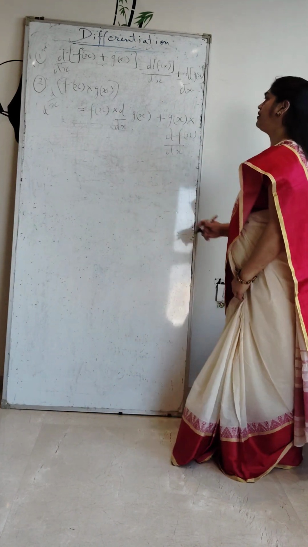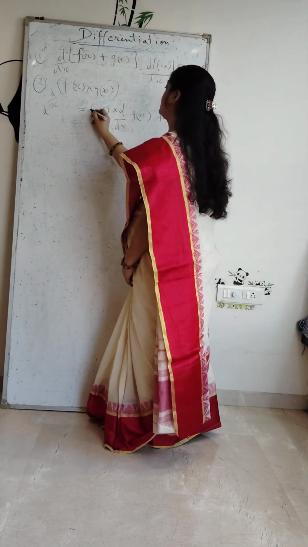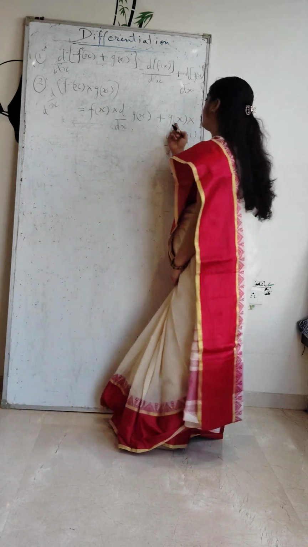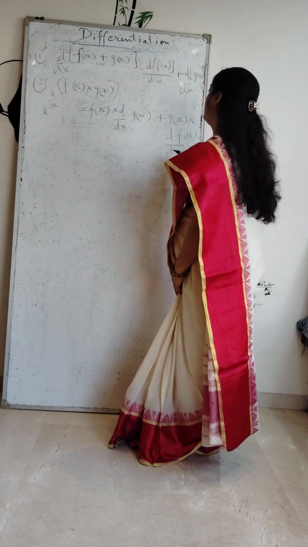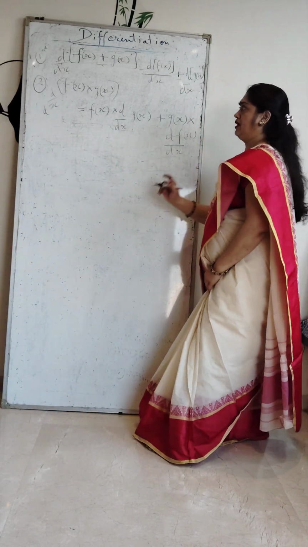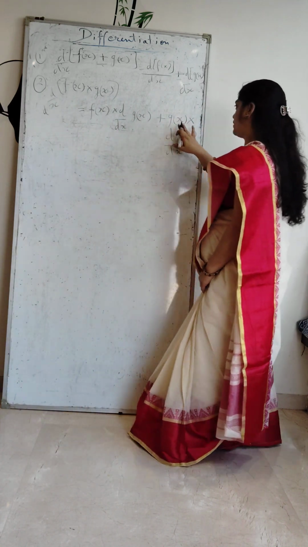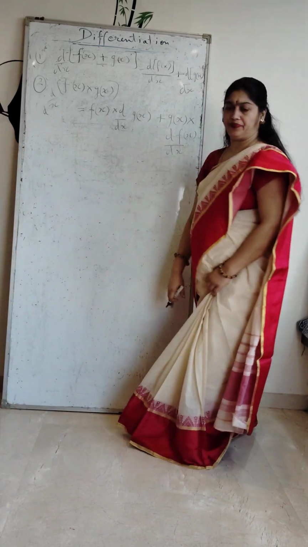As plus sign is there, we can differentiate any function first and keep the other function as it is. If we have taken the first function, then we will keep the second function as it is. If we have taken the second function, then we will keep the first function as it is. But both these terms should come. So first function as it is, differentiation of second function, plus second function as it is, differentiation of first function. This is the product rule.